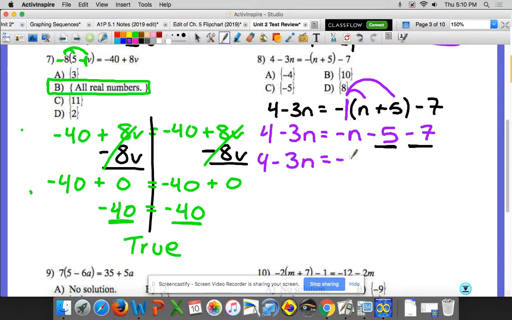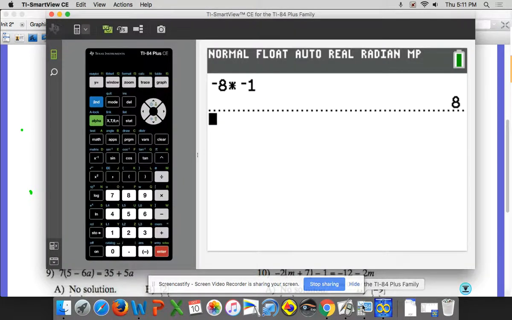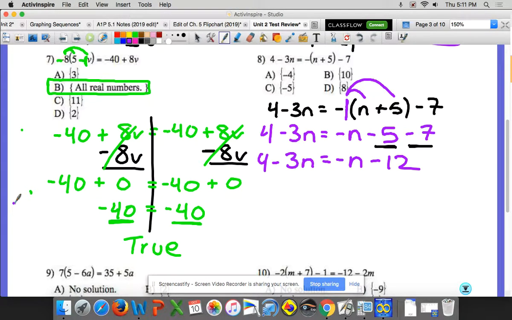We haven't done anything to that negative n, so it's going to be negative 5 minus 7, and we get negative 12. If you don't trust me, once again, always use your calculator. Negative 5 minus 7, and we get negative 12. So we have 4 minus 3n equals negative n minus 12.